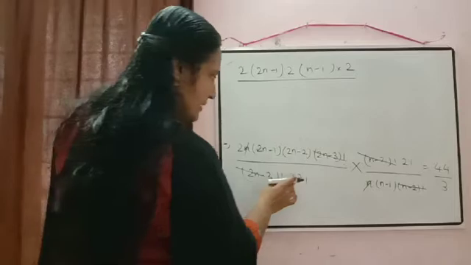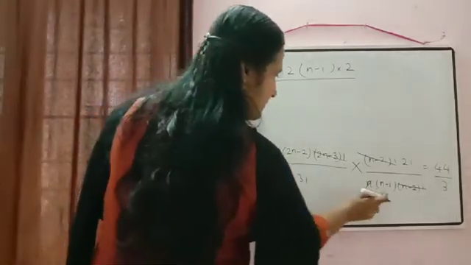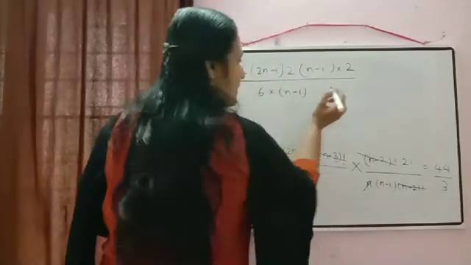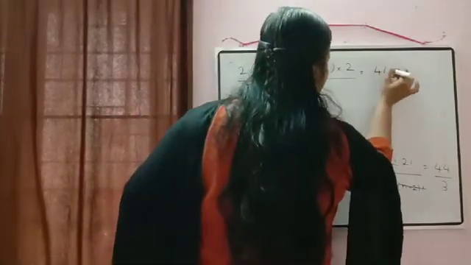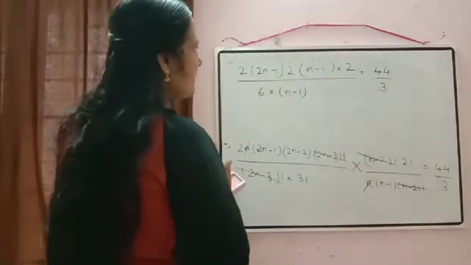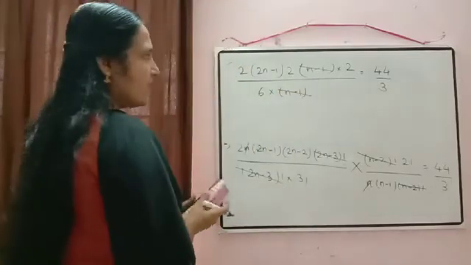In the denominator what are the things remaining? 3 factorial. So 3 factorial is 6, into n minus 1 only remaining there, is equal to 44 by 3. So just to check if any other thing will get cancelled here. Yes, n minus 1 will get cancelled.